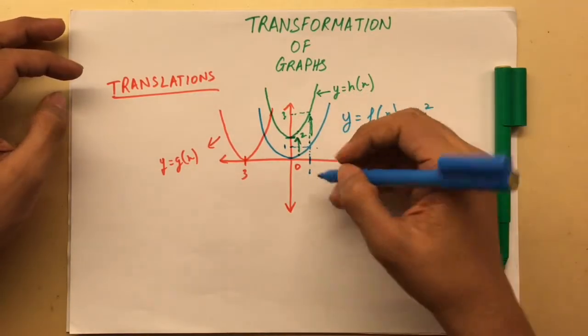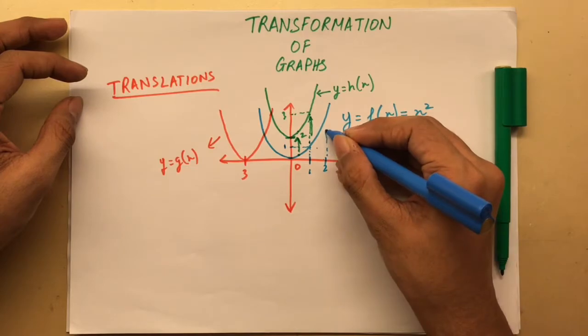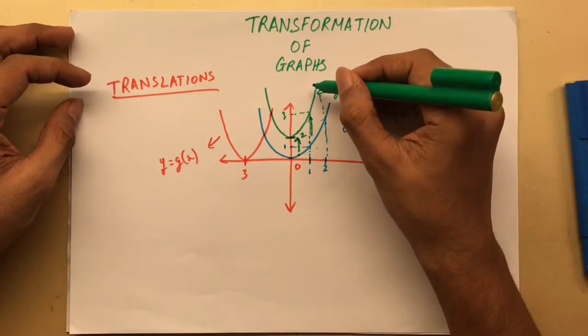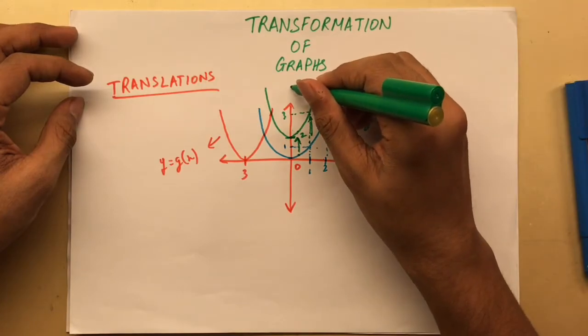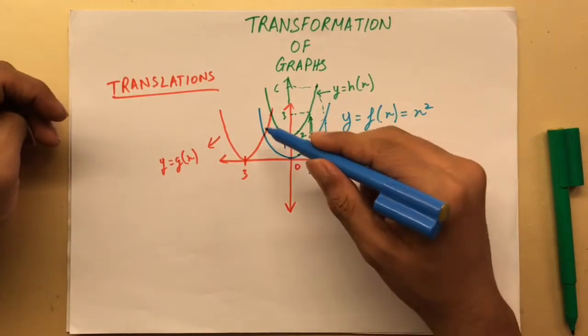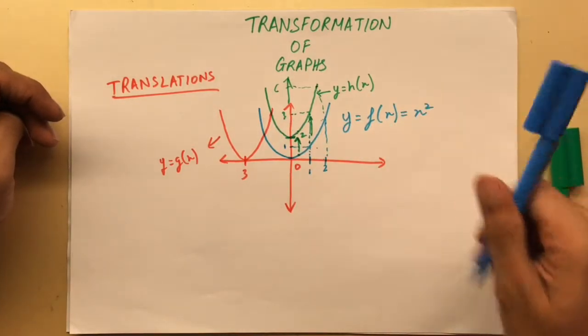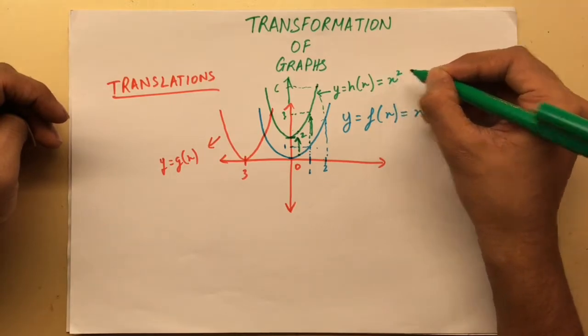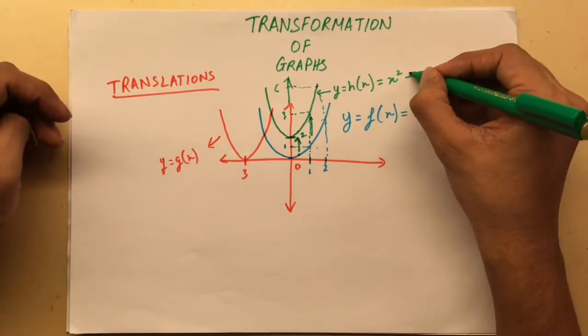And if this was 2, it would correspond to 4, and it would transfer to here, corresponding to 6. If you notice, what you're doing is adding 2 to all the outputs of this blue function. So this green function should be x squared, which is all the outputs of this, plus 2.